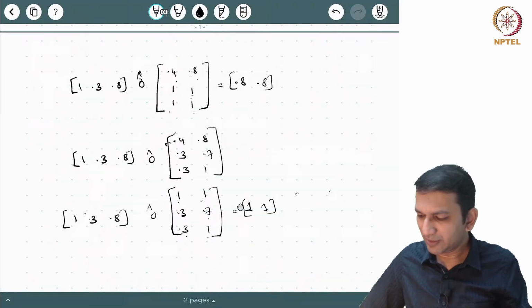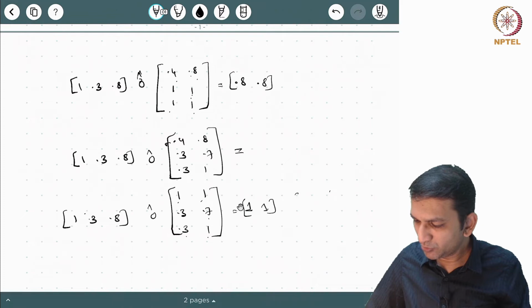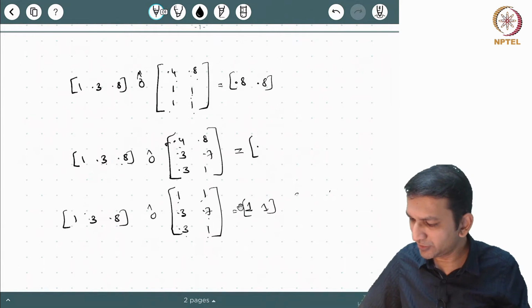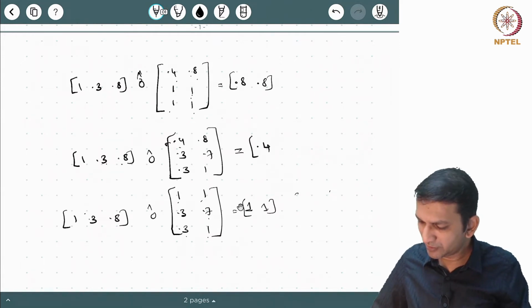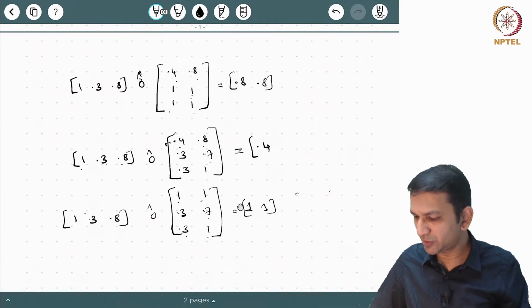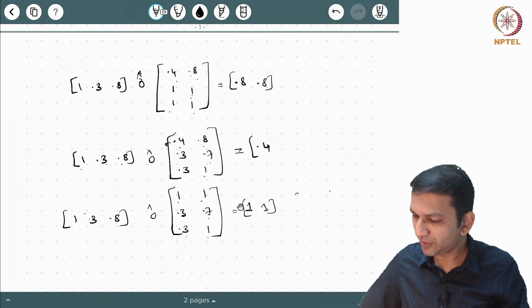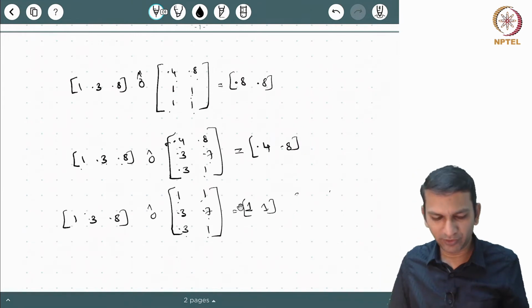So this is the R cap that we have. If you apply the sup min composition with this, 1 and 0.4 is 0.4, 0.3 and 0.3 is 0.3, 0.8 and 0.3 is 0.3. So what we get is 0.4, which is the maximum. 1 and 0.8 is 0.8, 0.3 and 0.7 is 0.3, 0.8 and 1 is 0.8, so the maximum is 0.8. So we get 0.4, 0.8.